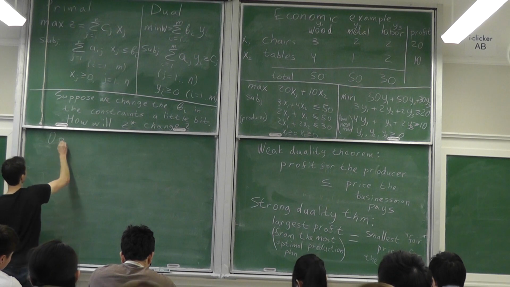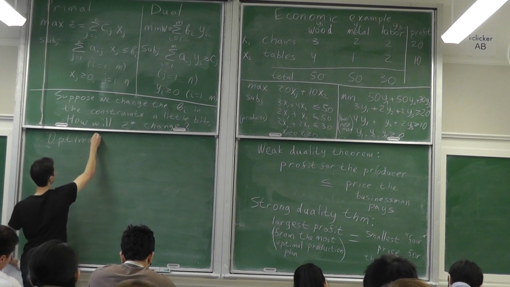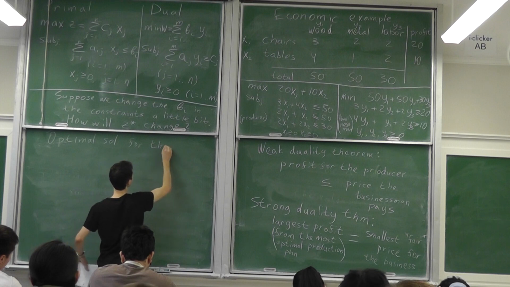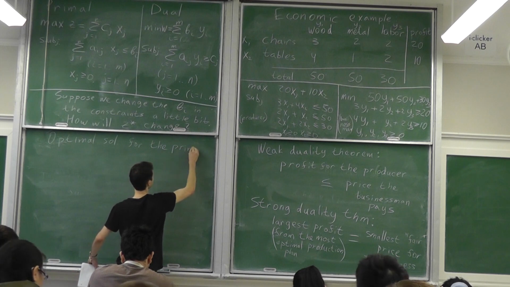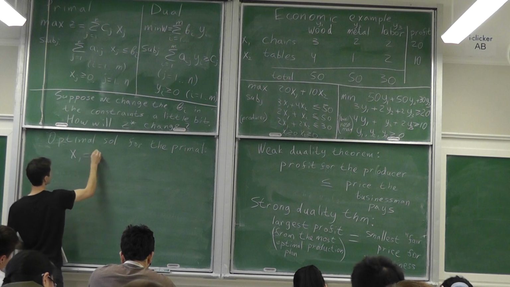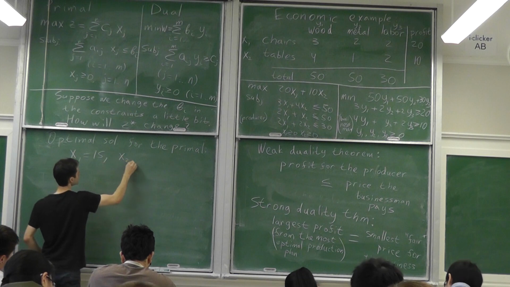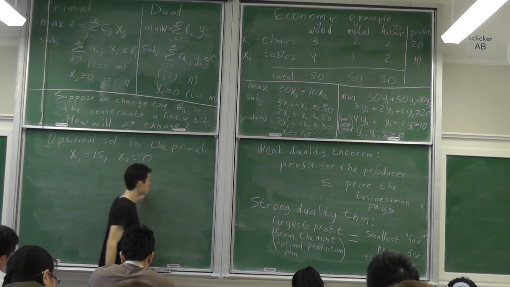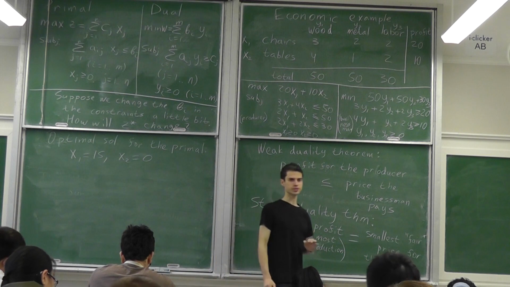Let me say the optimal solution for the primal happens to be x1 is 15, x2 equal to 0. For now, I'll just tell you that this is the optimal solution.